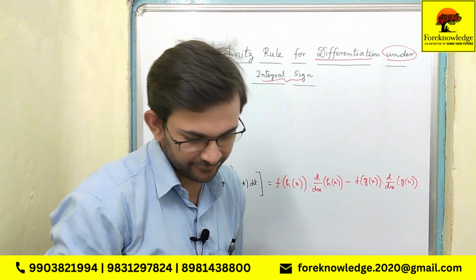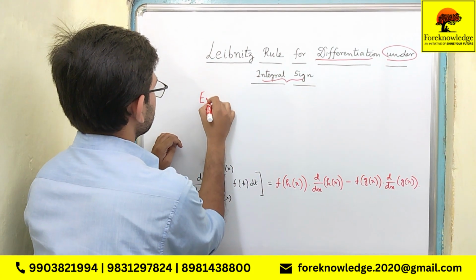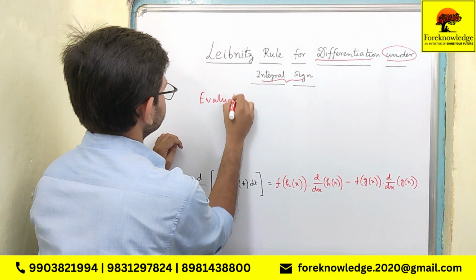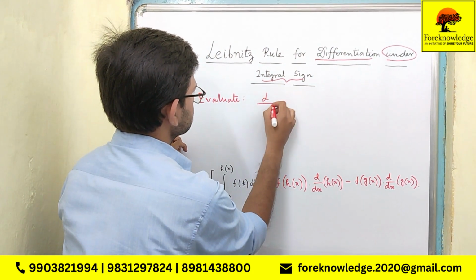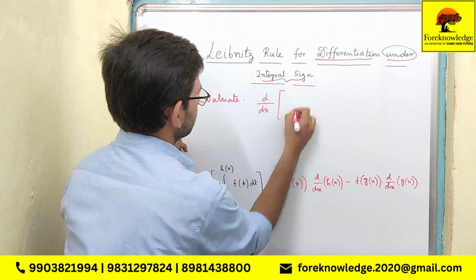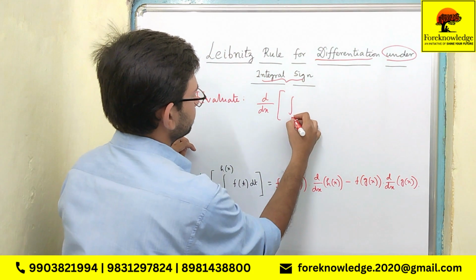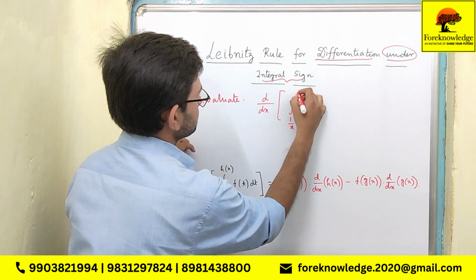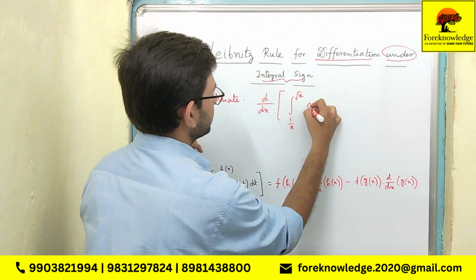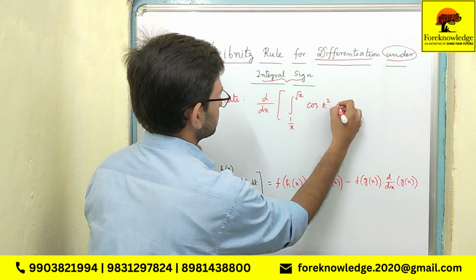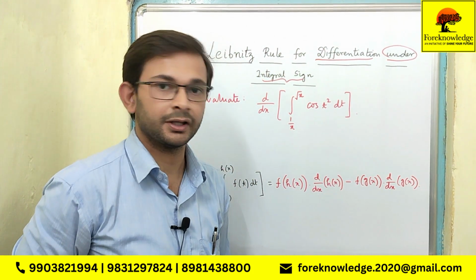The problem says evaluate d/dx of the integral from 1/x to root x of cos t square dt. This is what we have to evaluate.